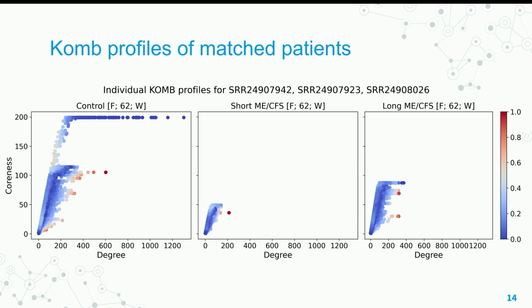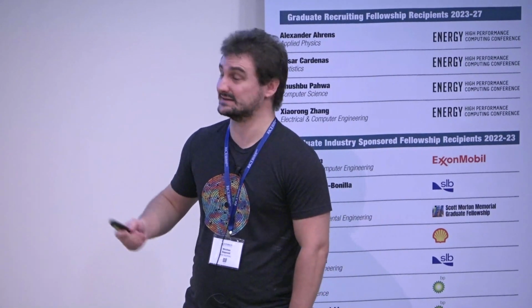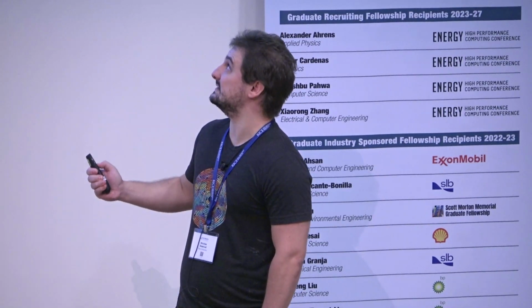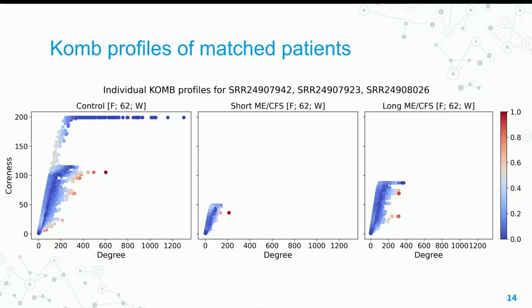So what do we see? The profile that we're looking at, the overall graph, is tiny. The degrees are low. The coreness values are low in the short-term chronic fatigue syndrome patient. Again, this matches exactly with the dysbiosis hypothesis. We also see a somewhat recovered trend in the long term.